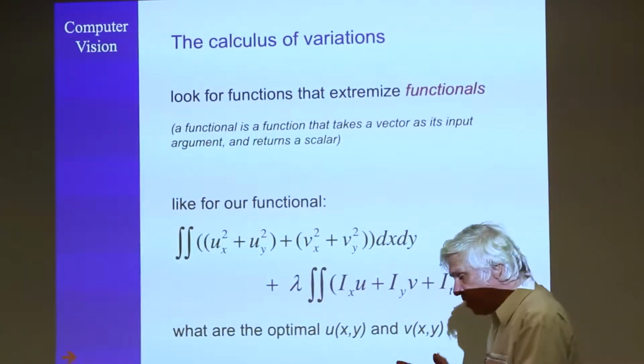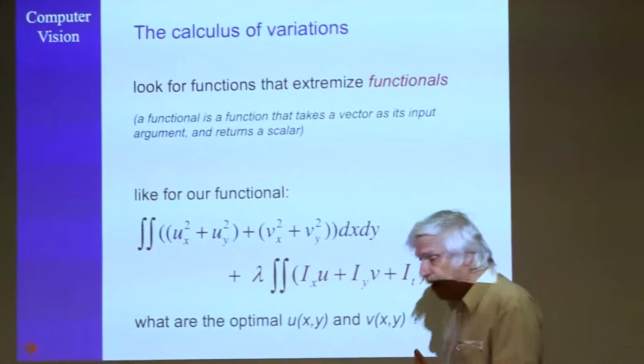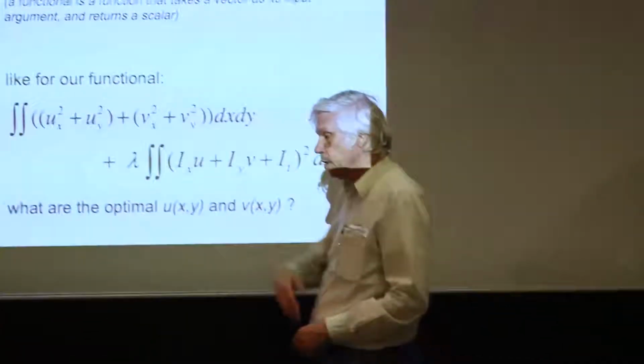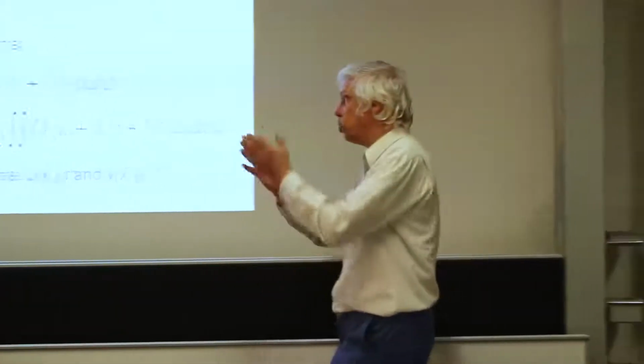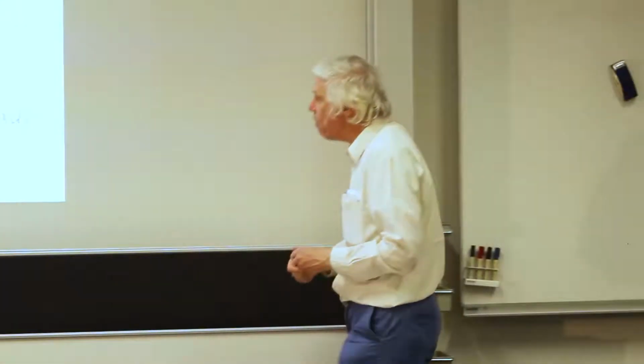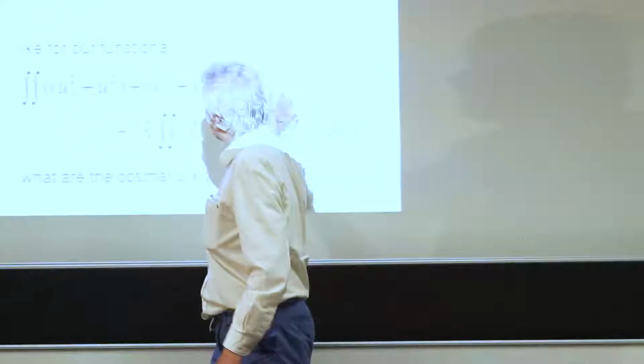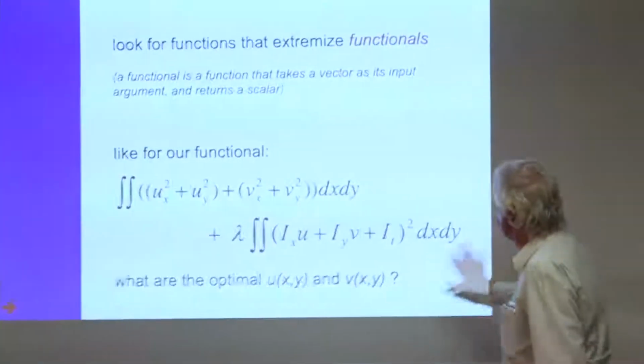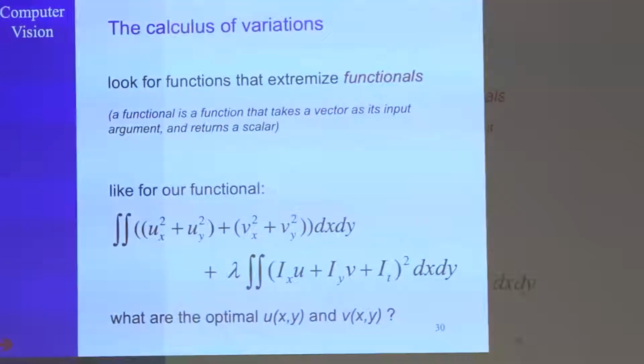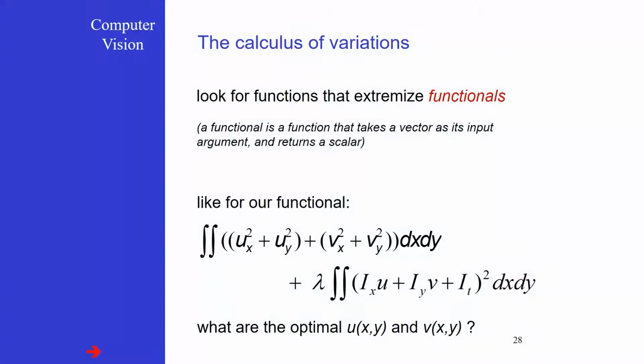Okay, so the problem is not finding some scalar, some x or something like that, that makes some function f maximum or minimum, but finding two functions u and v that make this total expression minimum in this case.